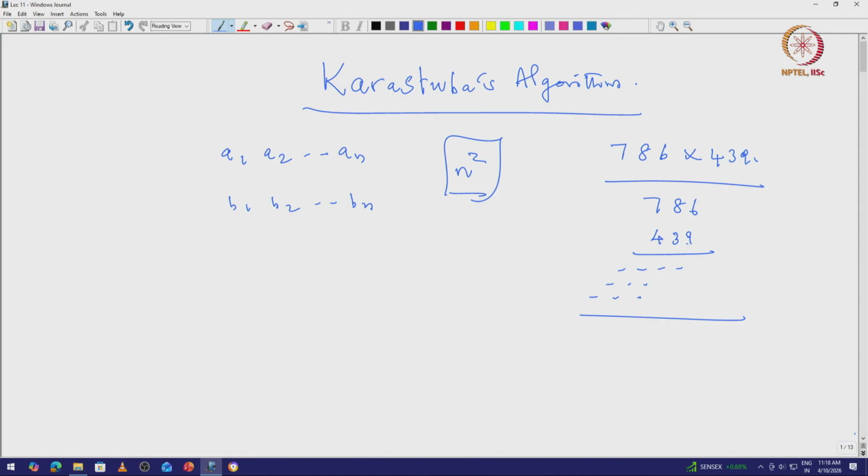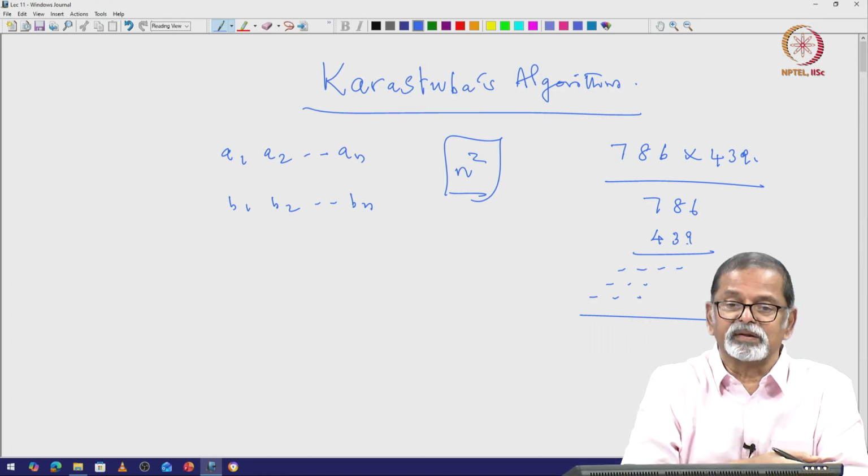And Karatsuba, who was a postgraduate listening to one of these lectures, found this problem interesting, and finally he found a divide and conquer method, and to the surprise of everyone, he showed a solution which is significantly smaller in order than n square. And that really surprised the world.